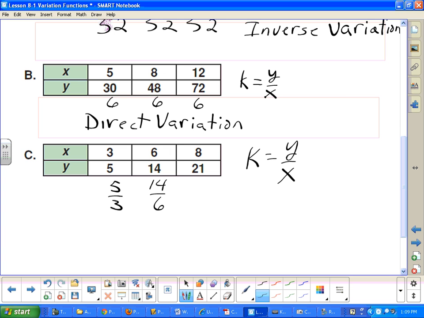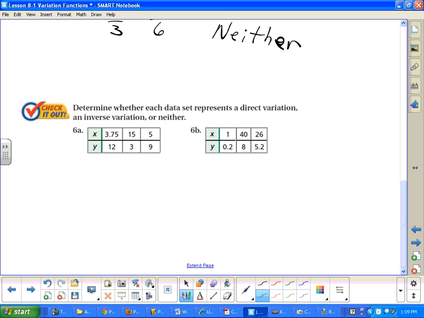So this one would be neither. All right, as long as two of them don't match, you don't need to worry about the third one. Okay, so check these two.